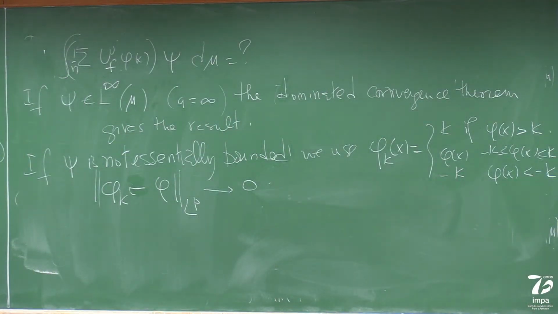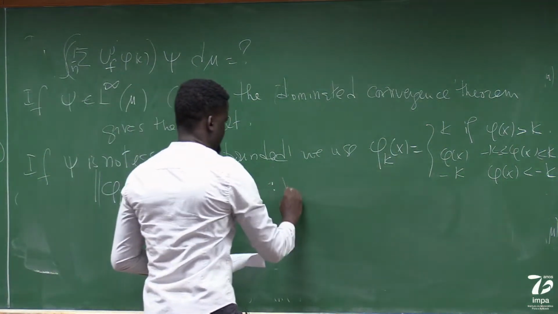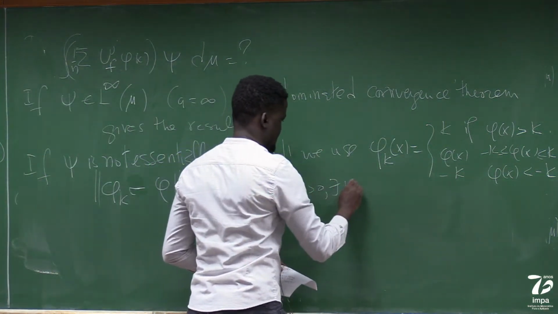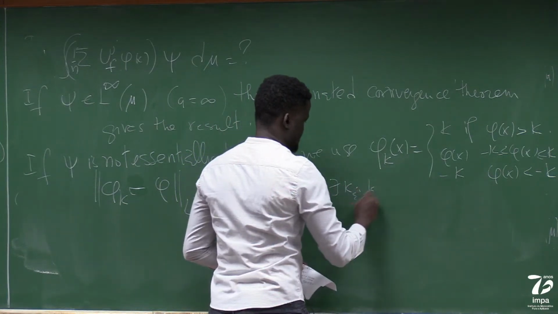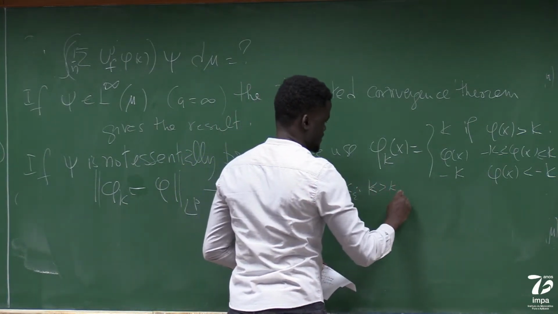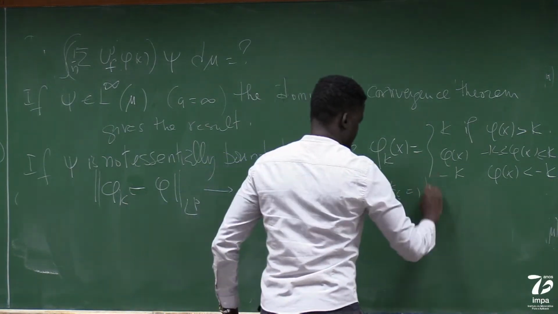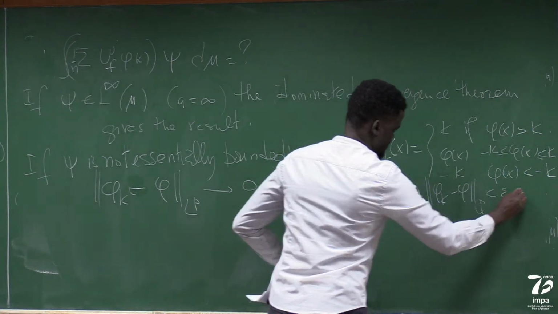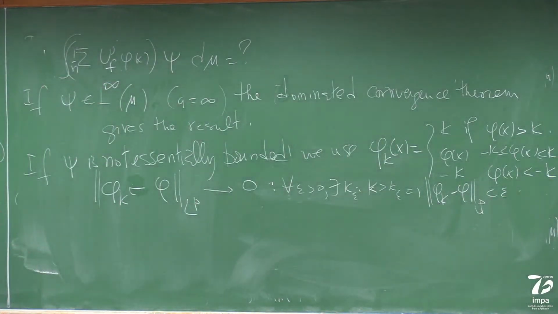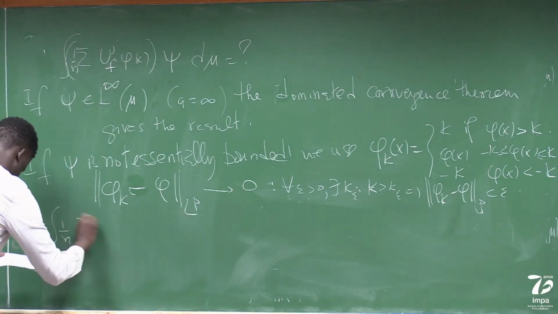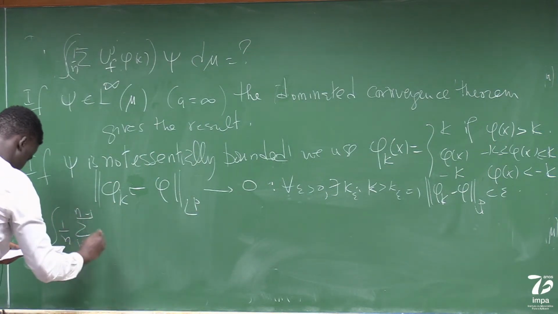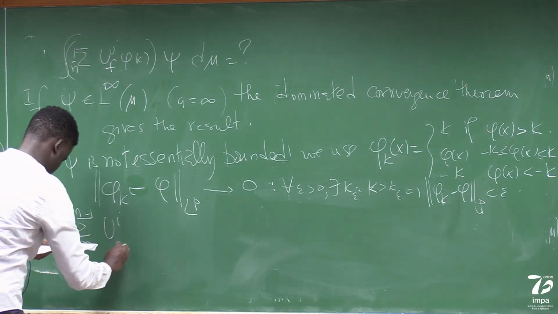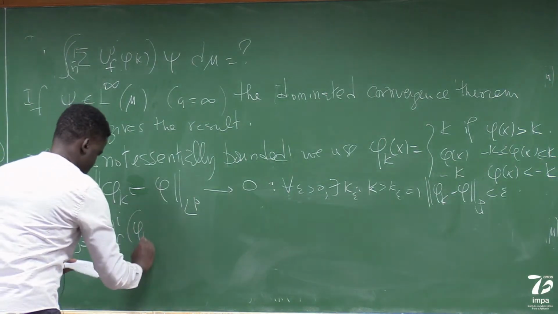This is just saying that for every epsilon positive, there exists k_epsilon such that k bigger than k_epsilon implies this is small, less than epsilon. So you write this integral of C_k minus C.